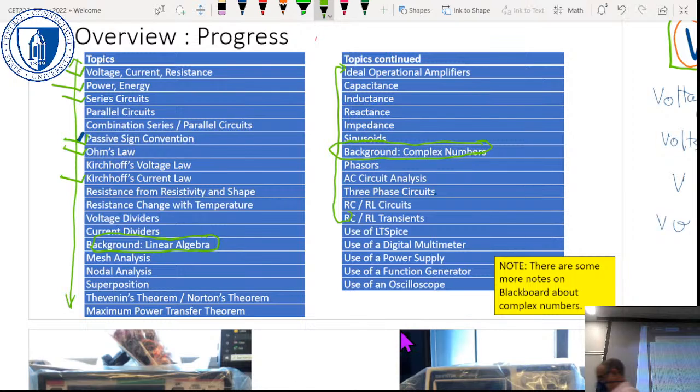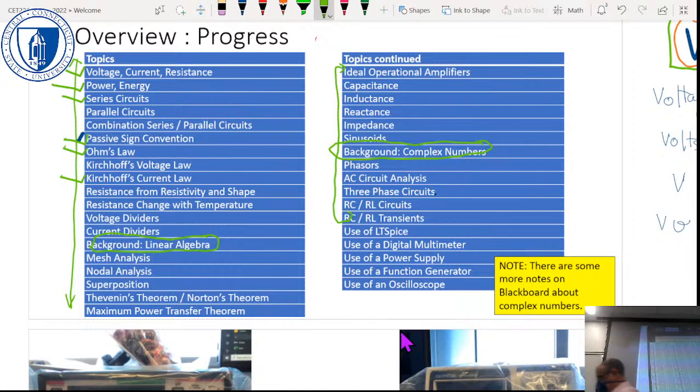Now there's a few loops here. There's a loop. There's a loop. There's a loop. Right? They're closed paths through the circuit.